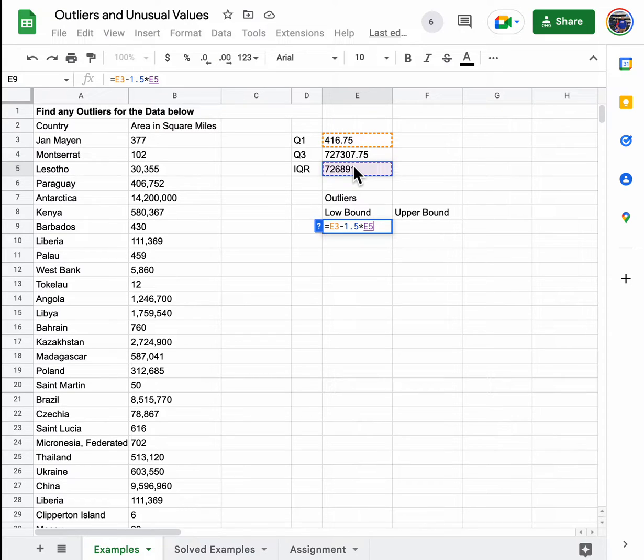That's going to give me my low bound. So for me, that's E3 minus 1.5 times E5. How do you do the times? Shift 8 for multiplication brings up the asterisk. Times E5 in my case, the IQR, exactly.